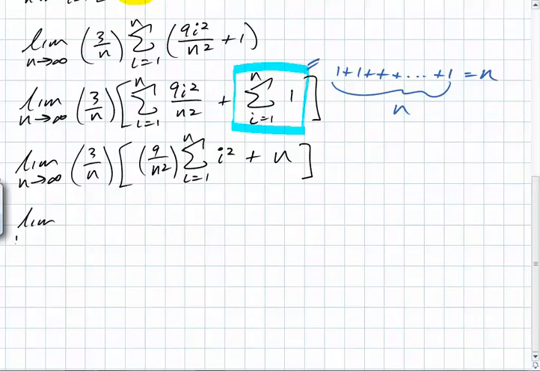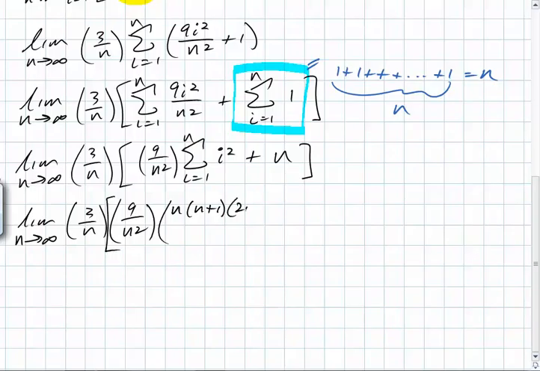You have to. This is really important. You must memorize that. It's not negotiable. You have to do 9 over n squared times, the parentheses were right here, n times 2n plus 1 all over 6, plus n. Now we've gotten rid of all the sigma notation.